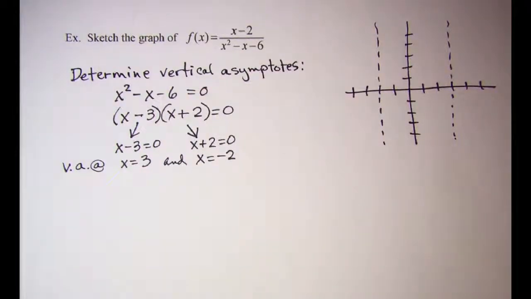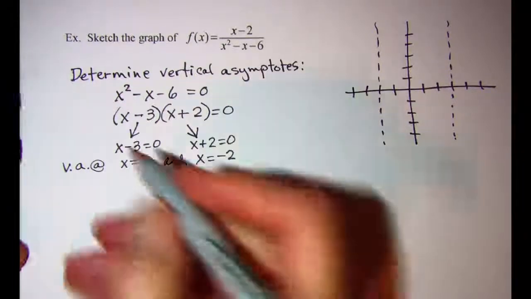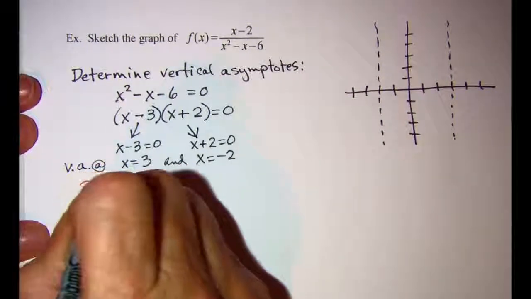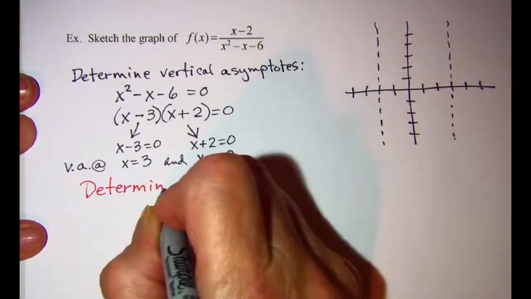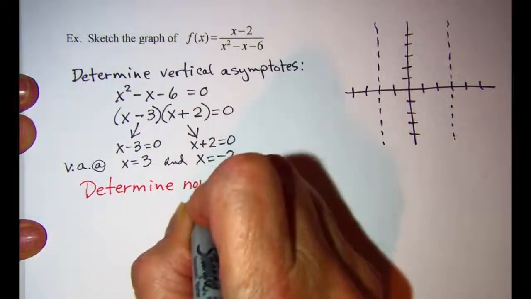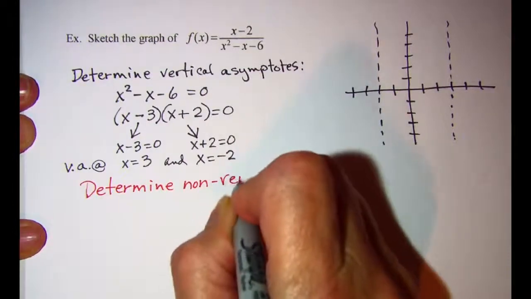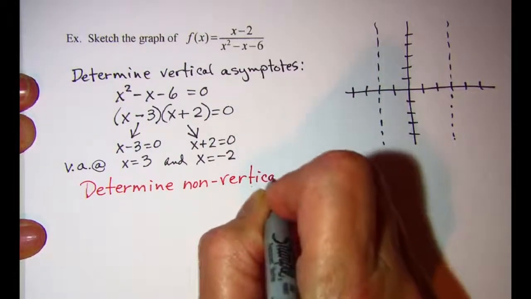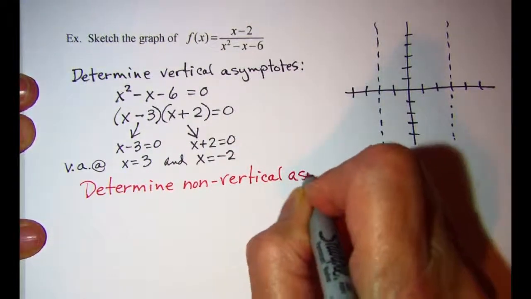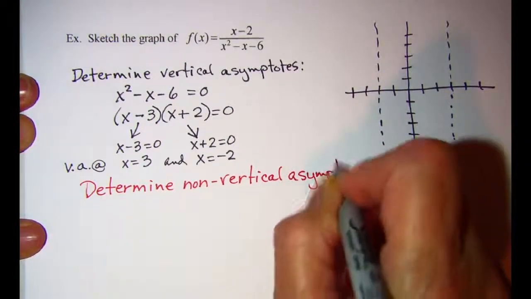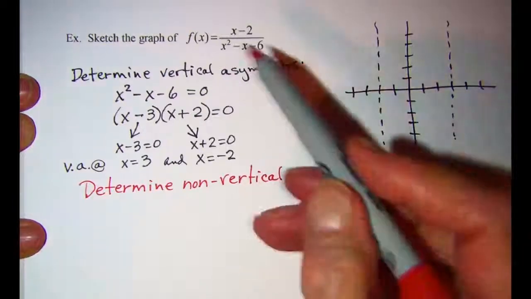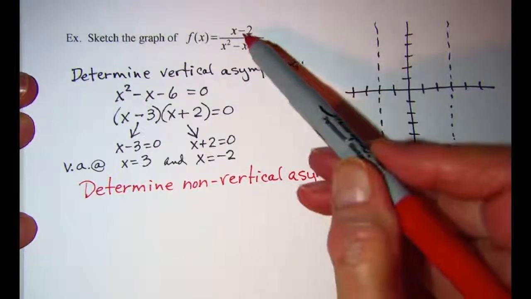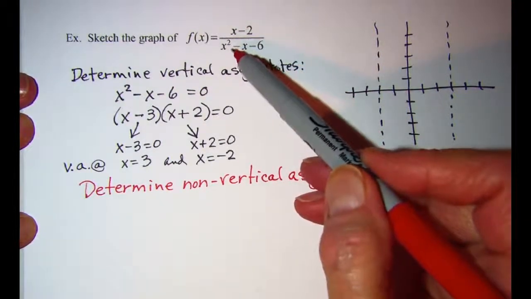My next step is to determine the non-vertical asymptotes. We do that by examining the degree of the top and the degree of the bottom.